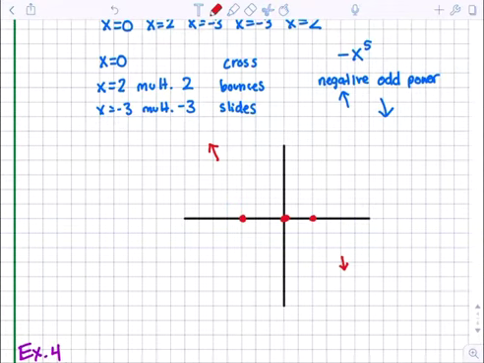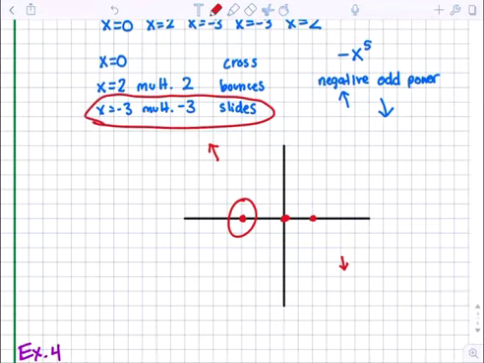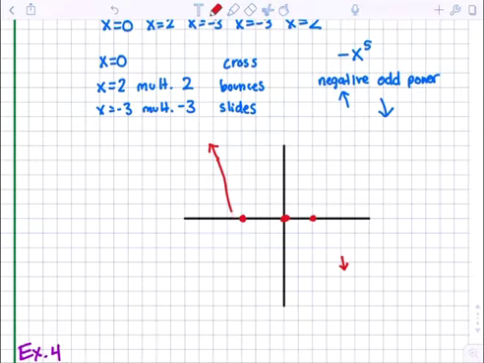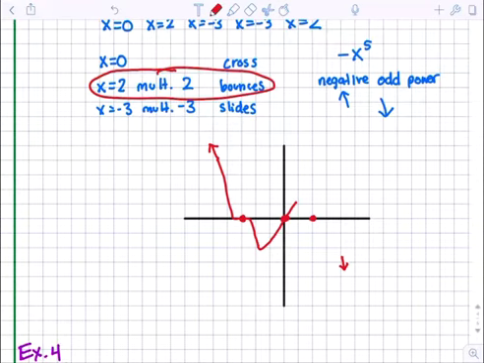Well, the first one is x is equal to negative 3, which is that one, right? Which means it's going to slide through there. So we got that. Now next is x equals 0. All it's going to do is cross. So it's going to cross. And then lastly, we have x is equal to 2, which means it is going to bounce.